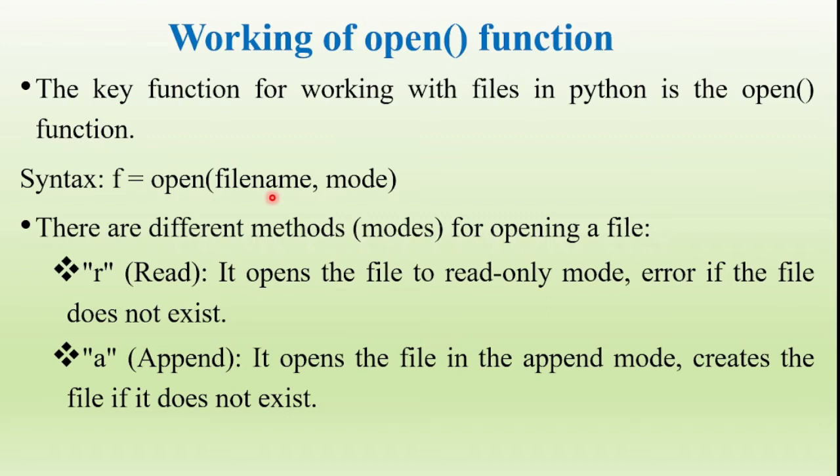The a mode means append, used to open a file for appending. The w mode means write, used to open a file for writing. And x means create, used to create the specified file.